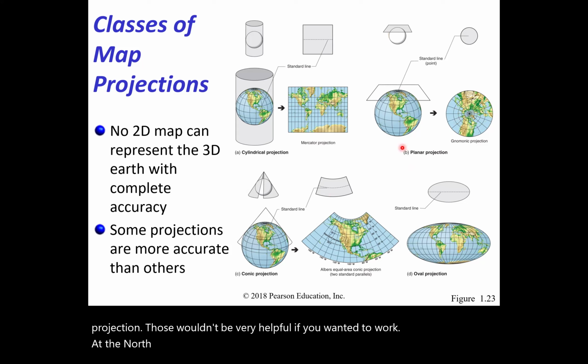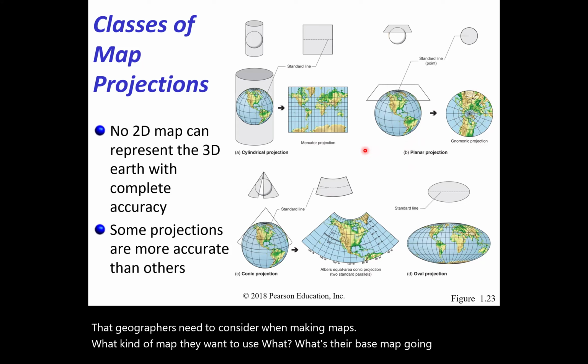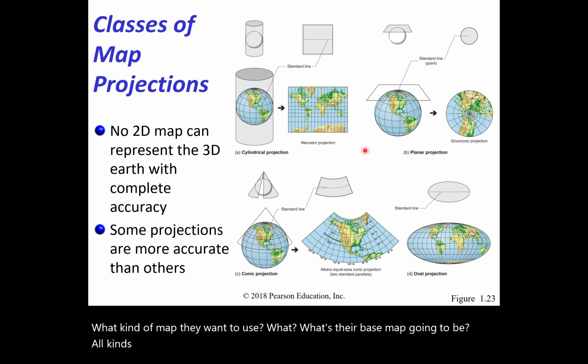Those are all considerations that geographers need to consider when making maps. What kind of map they want to use, what their base map is going to be, all kinds of things like that.